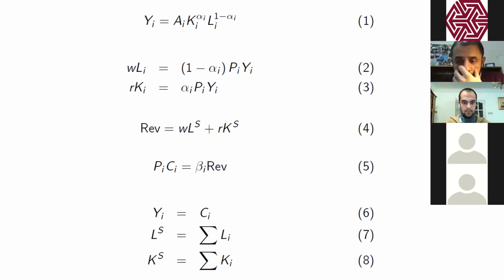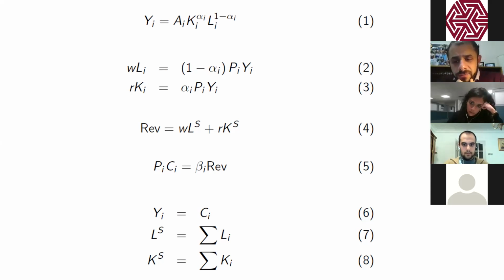So in all, how many equations do we have? What do you think? It's 15, actually. So let's count them.